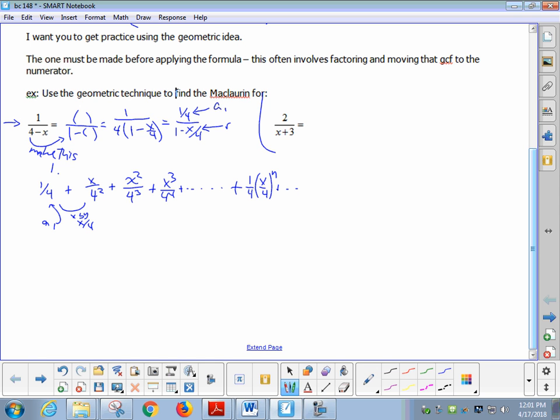Now then, if you were to use that same approach, try this guy. Again, the first thing you're going to want to do is try and make it like a geometric series. So I might start by putting the constant first in the denominator. And then what should I do?